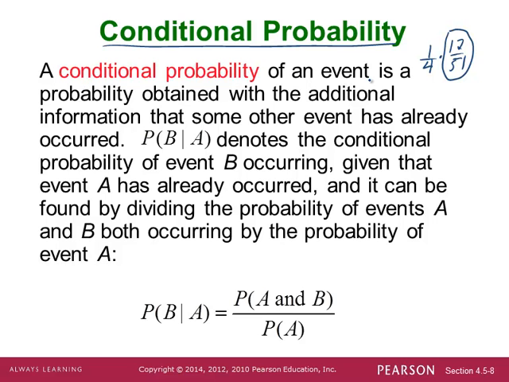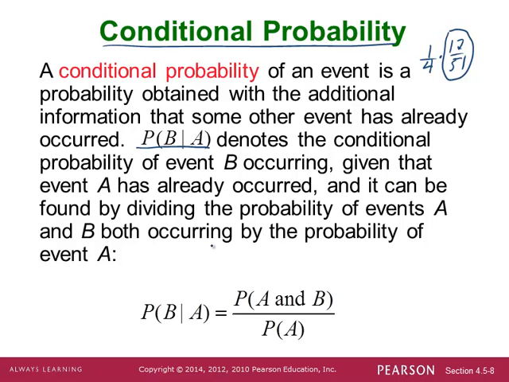Conditional probability of an event is a probability obtained with the additional information that some other event has already occurred. So, for example, probability of event B given event A. So probability of B given A, this little vertical line segment means given. Probability of B given A denotes the conditional probability of event B occurring given that event A has already occurred.